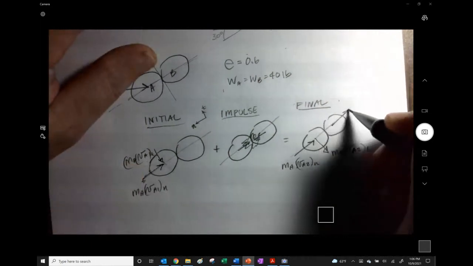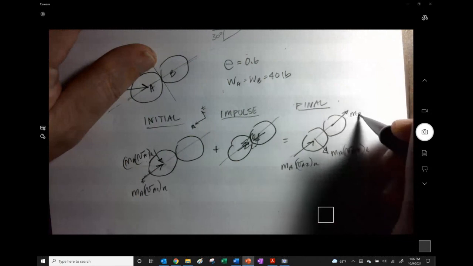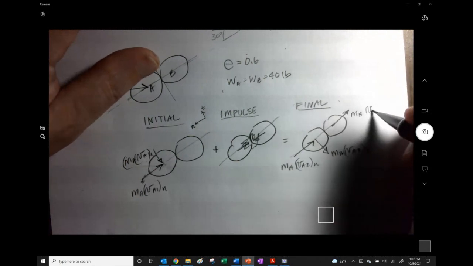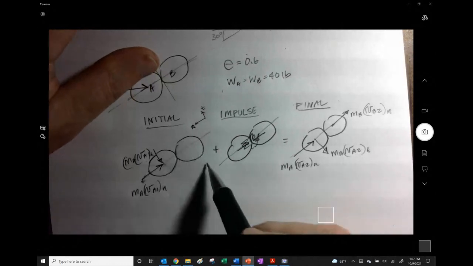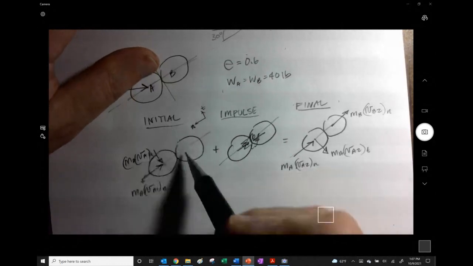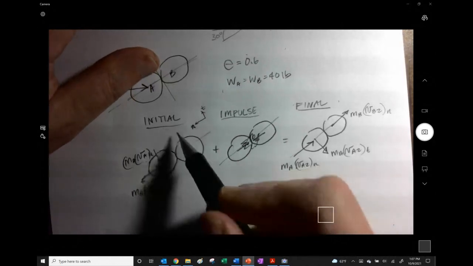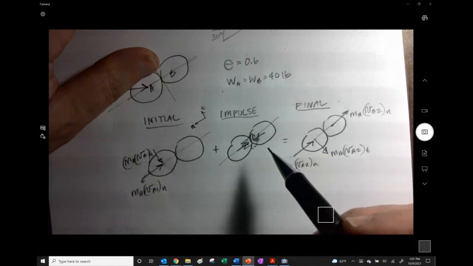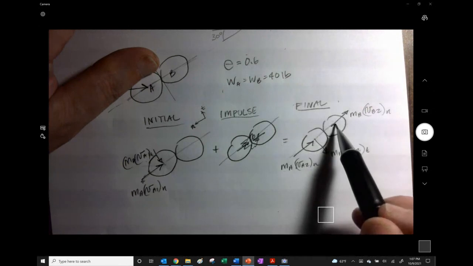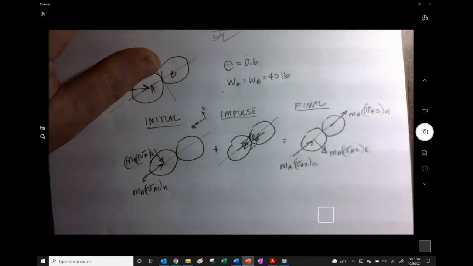But now this one is going to have mass of B times the velocity of B2 in the normal direction. And because it didn't have any velocity in the tangential direction to start with, it's not going to have any to end with. So the only velocity it's going to have is in the normal direction.